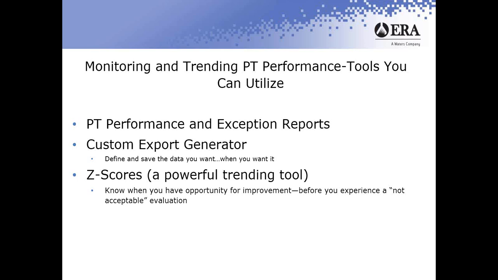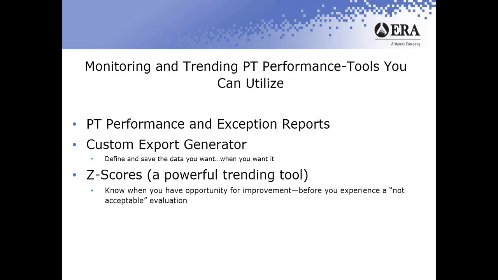Z-scores are a powerful trending tool, and they've been recently introduced here in the last few years, and they've gained a lot of acceptance. If you use it to track how you're doing between proficiency testing studies, you can develop a trend and find out how your data have been coming out relative to each of the different analytes. Now, what does that mean?